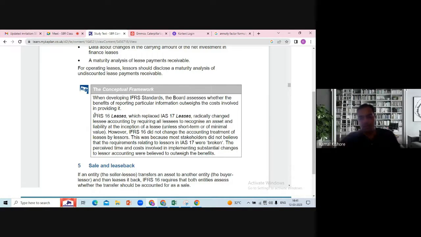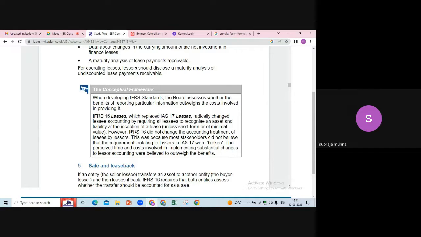So you understand the background now, why there is a change only in the lessee's books and not in the lessor's accounts.